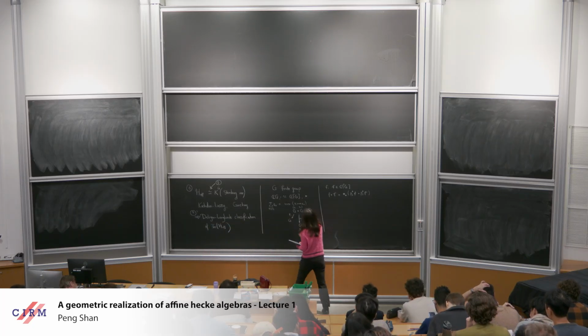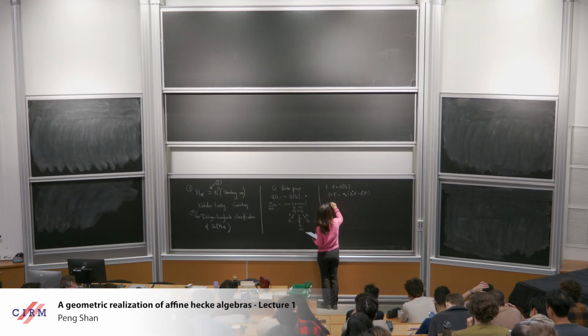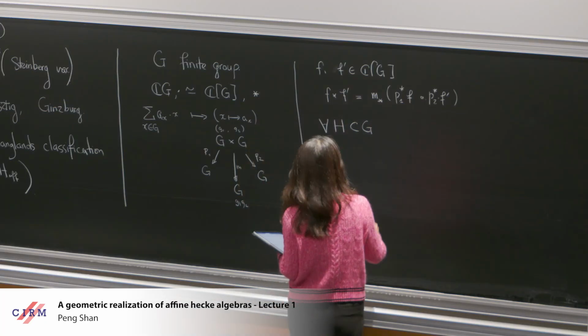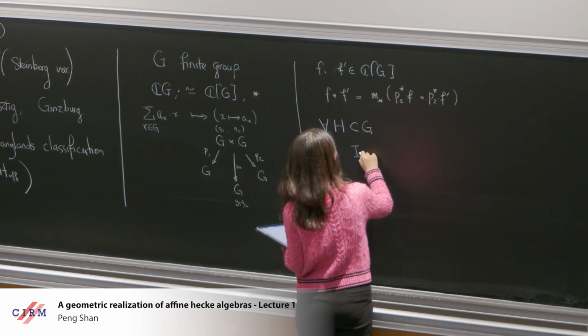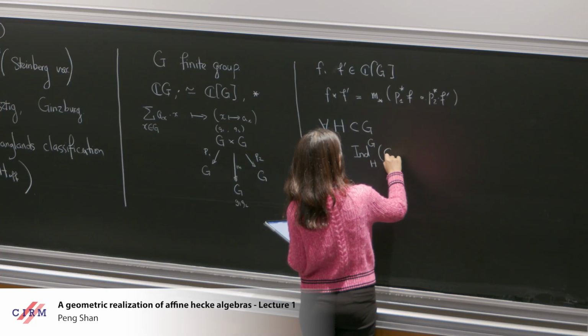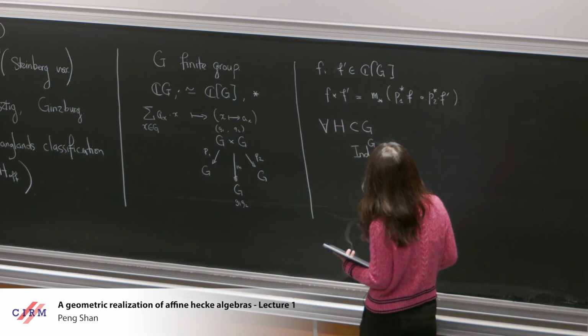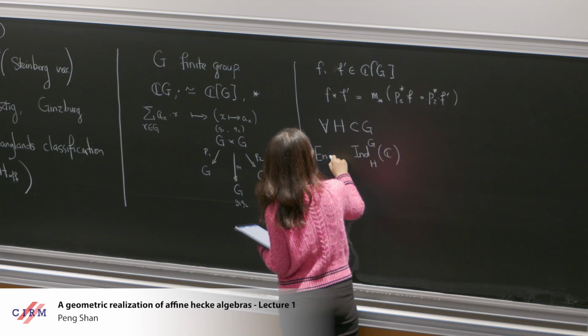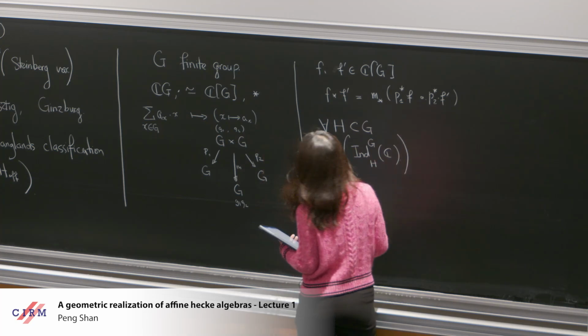Okay, all right. Now if H is a subgroup of G, you can consider the induced representation from H to G of the trivial representation. And then you consider the algebra of endomorphisms of this G-representation.